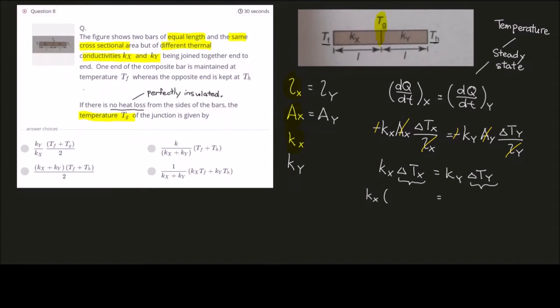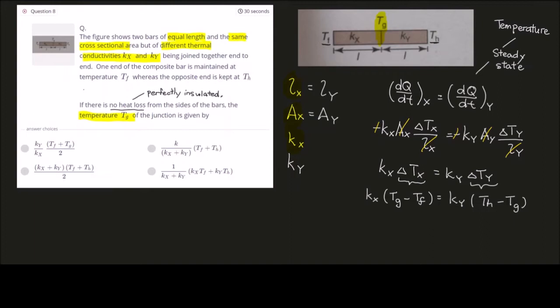For me, I will take the right hand side minus the left hand side. So for bar x, I'll take Tg minus Tf. For bar y, I will take Th minus Tg. I take the right hand side minus the left hand side. You have to be consistent or else there will be a sign error.